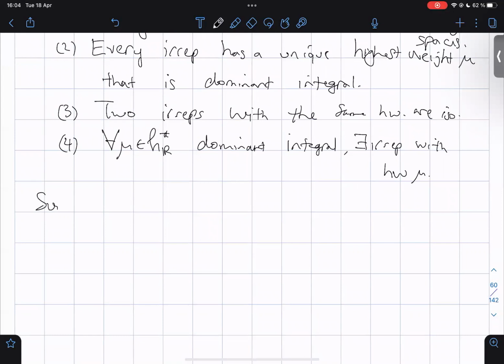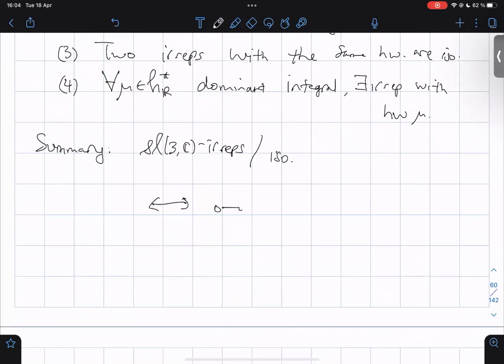Let me now summarize. SL3 irreps modulo isomorphism are in one-to-one correspondence with weights that are integral dominant.